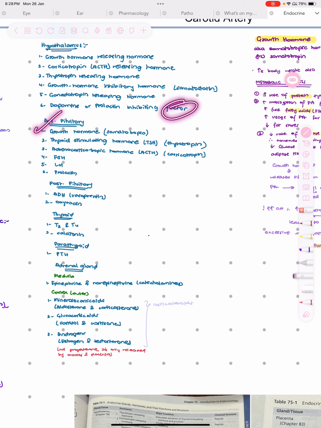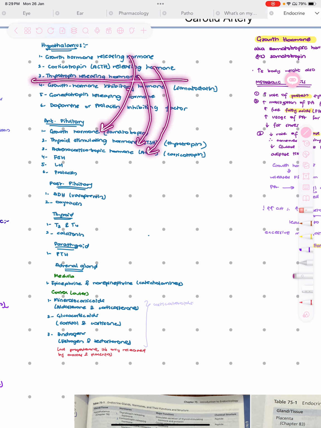Now, anterior pituitary. First of all, growth hormone, which is also known as somatotropin. So you have growth hormone from the anterior pituitary, then corticotropin, which is ACTH, then thyrotropin, which is TSH. So we are done with these three.